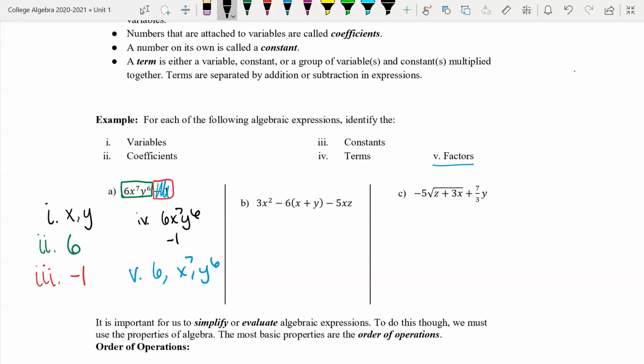All right, so next one, variables. I see x, y, and z. My coefficients are what's in front, so I have a 3, a -6, and a -5.